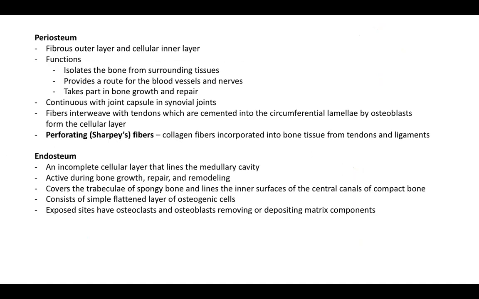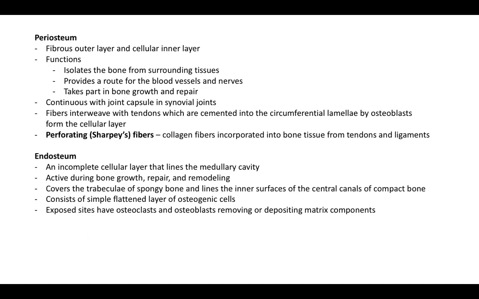So the periosteum runs continuous with the joint capsule, and tendons and ligaments can actually embed fibers within the periosteum. They're called perforating fibers or Sharpey's fibers, which are collagen fibers that are incorporated into the bone tissue from tendons and ligaments. This strengthens the attachment of the tendon or ligament into the bone, because the fibers go into the periosteum.